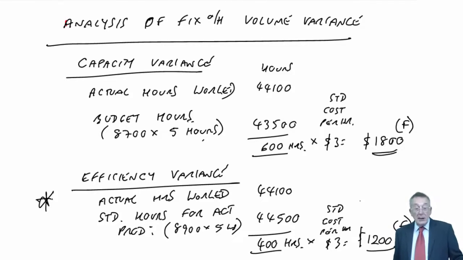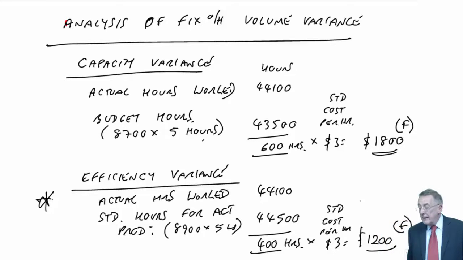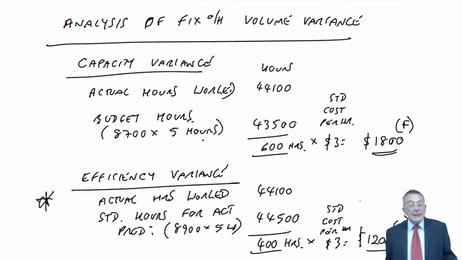Don't be frightened, they're not hard. It won't take as long, in fact, as this took. But if you're happy with basic variances, the advanced ones are relatively straightforward. If you're not happy with the basic ones, well, it makes the advanced ones a bit of a mess.